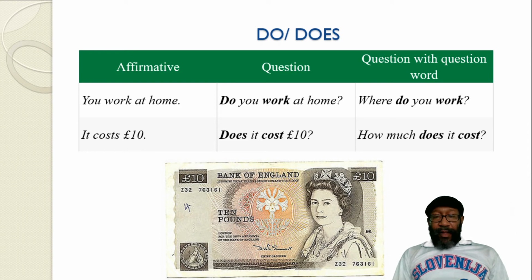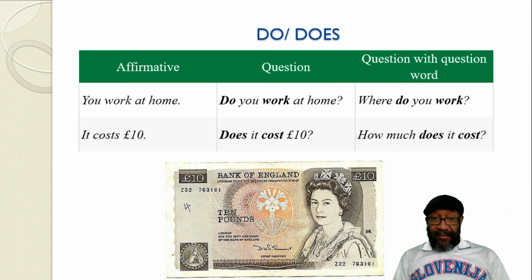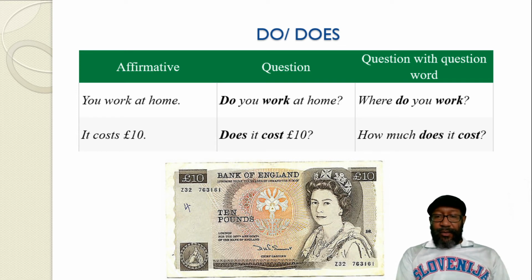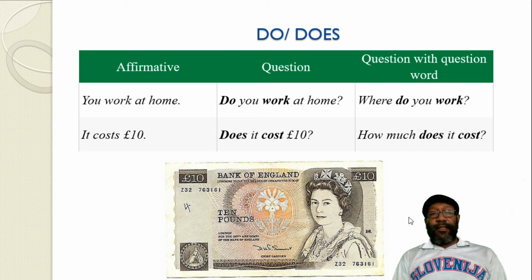But we also have to pay attention to the use of the auxiliary verb do and does, and not confuse it with do and does, the main verb that means fazer. Sometimes in a sentence you will have both of them, so you should pay attention to this.